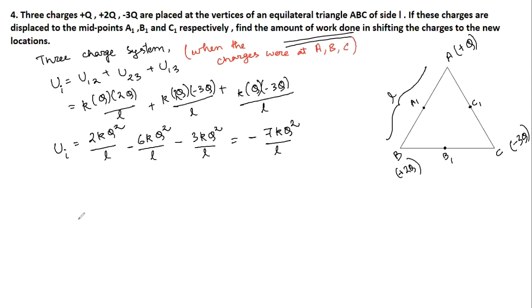Right. Now we will do the second case. The second case is that you have brought those charges plus Q, 2Q and minus 3Q to the points A1, B1, C1.